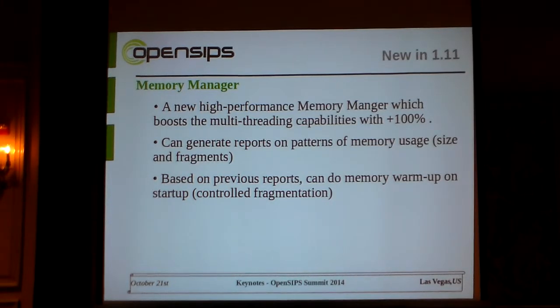At the same time, we also want to address the high-level side, when it comes to what kind of features, functionalities, and routing logics you may have available in the script. There's a lot of work in the memory manager. This may sound like something trivial that nobody cares about, but actually it proves to be quite a big bottleneck.